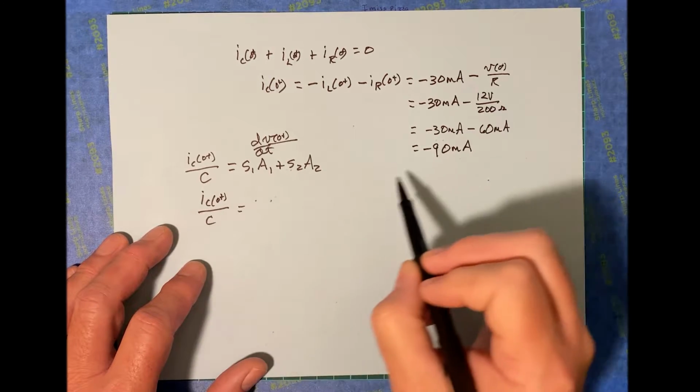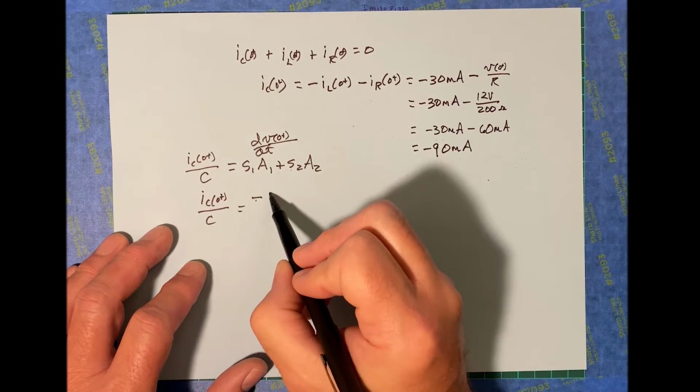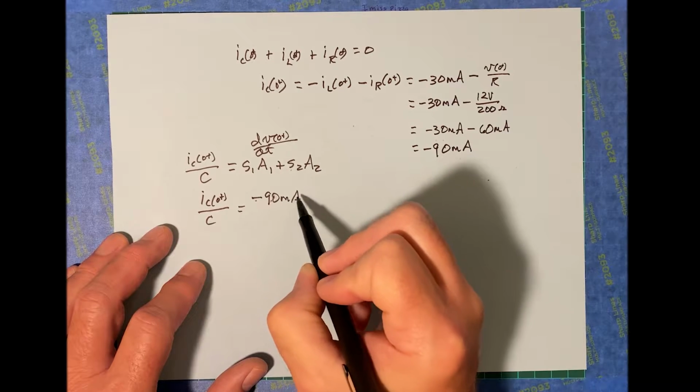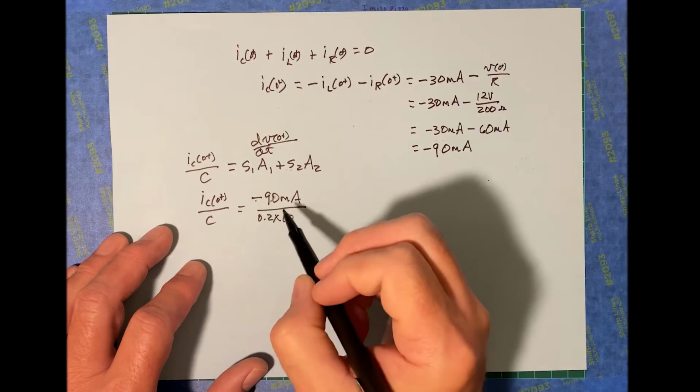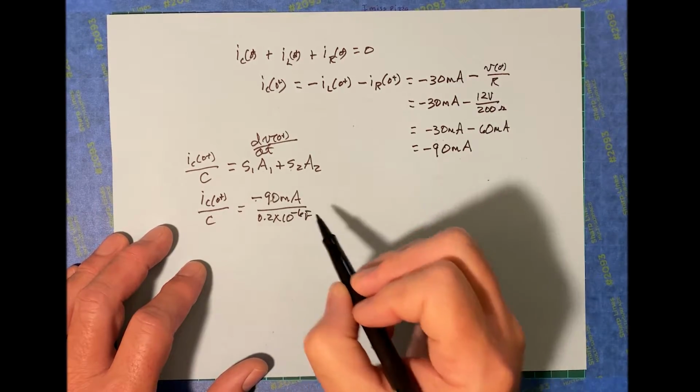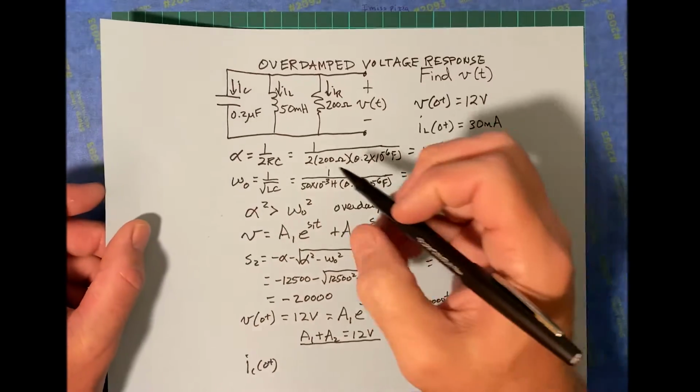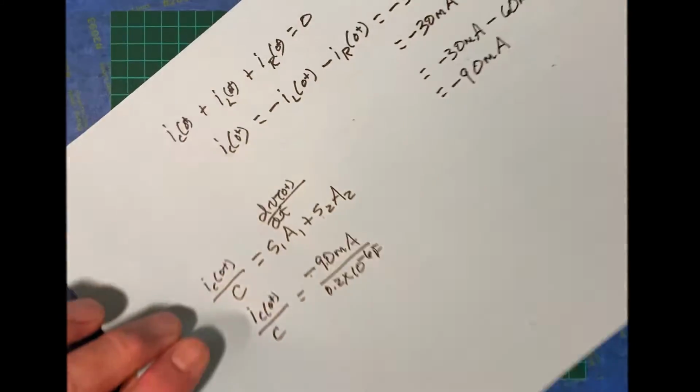I sub C at 0 plus divided by C is going to be negative 90 milliamps divided by 0.2 times 10 to the negative 6 farads. Let me confirm that. Yep, that is it.